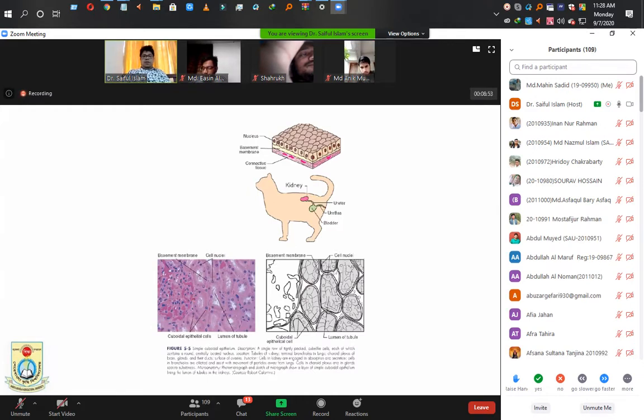Here see the spherical nucleus, and also the position of the nucleus. The nucleus is always located almost in the center of the cell. That's why this is simple cuboidal epithelium.